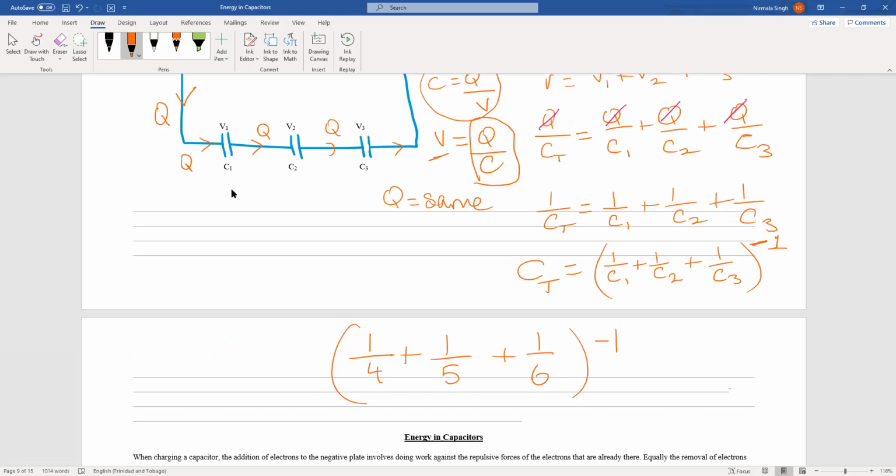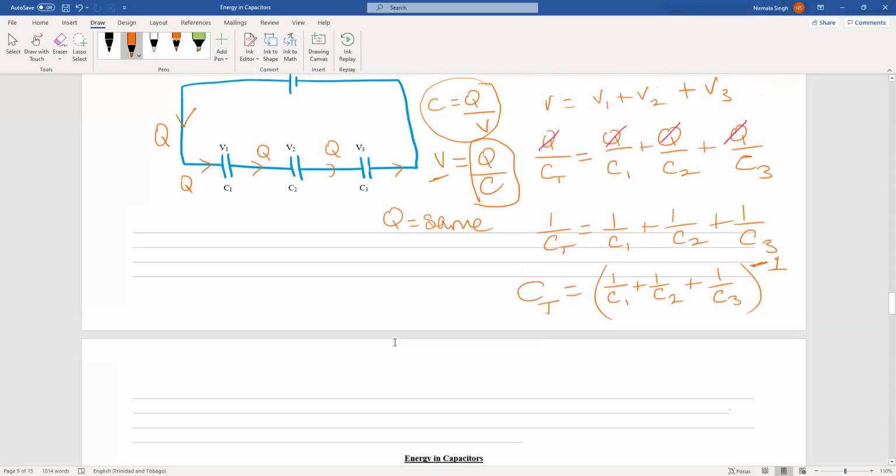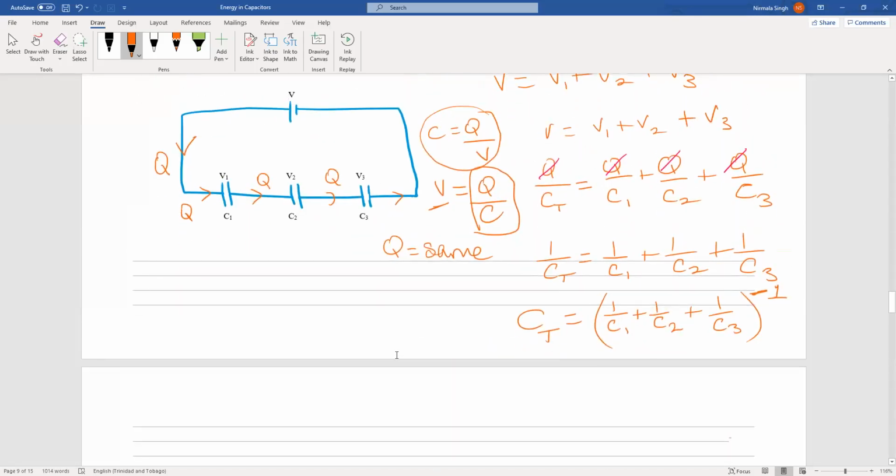So your total capacitance for capacitors in series is the sum of your fractions, and you invert your total. As I said, the easy thing to remember is that for resistors, your total resistance is the complete opposite formula to your capacitors.